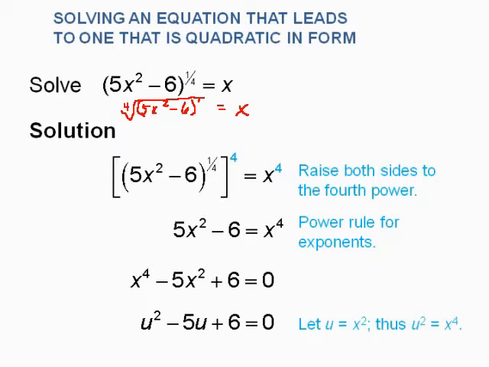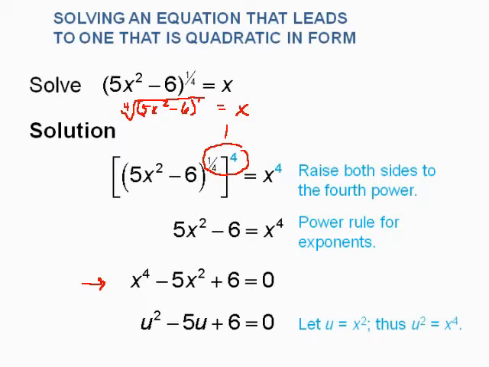So on this one, they just raised both sides to the 4th to take out the 4th root. Notice they didn't even change it to a radical because they know if they see something with a fractional exponent, we're always trying to raise it to a power, and when we multiply, we get a 1 there. And then we get down here to this step, where again, you kind of have your choice.